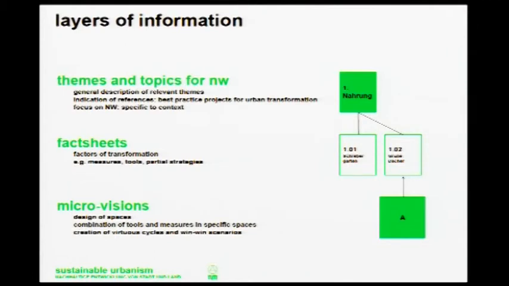It is put together from the general themes, and the sustainability themes are obviously embedded in the general vision, but the fact sheets show potential approaches, and the microvisions show potential desirable solutions for an area.